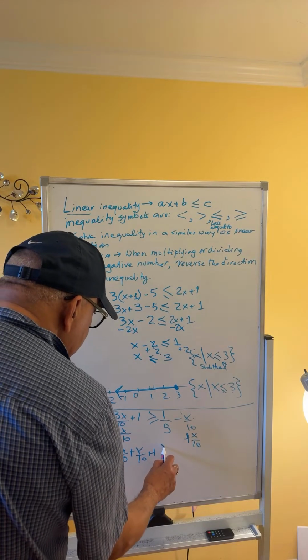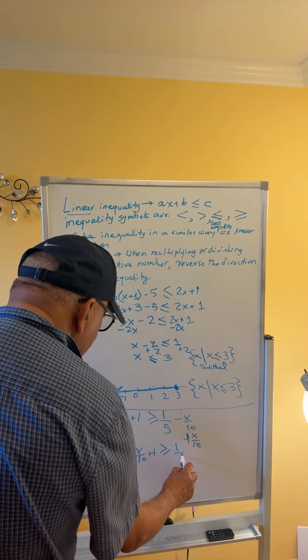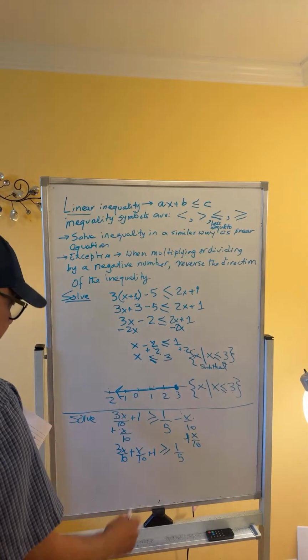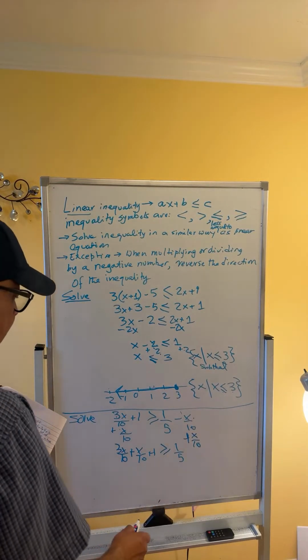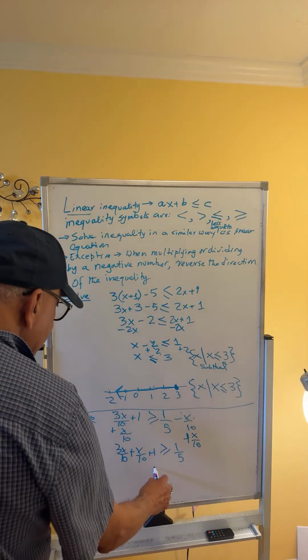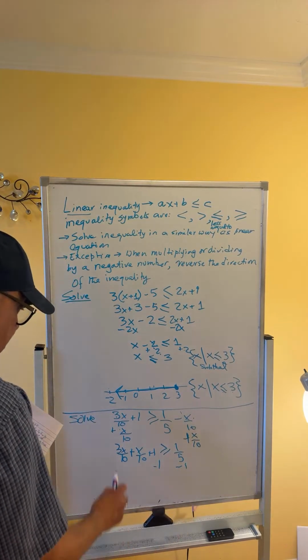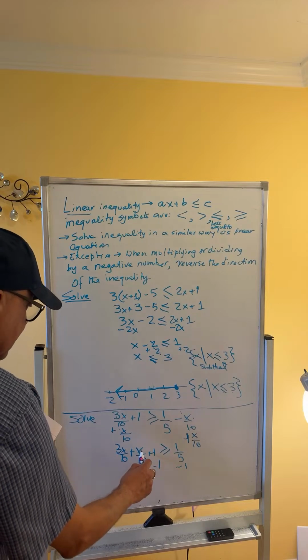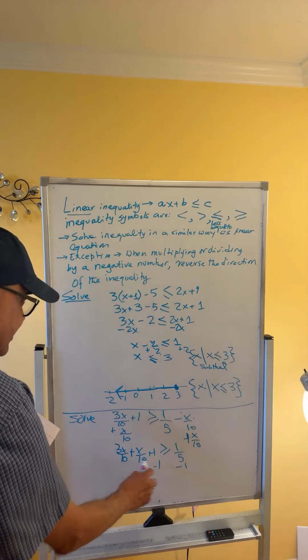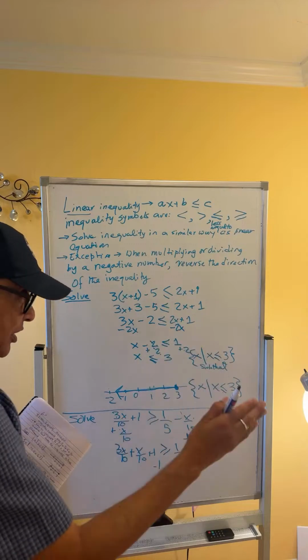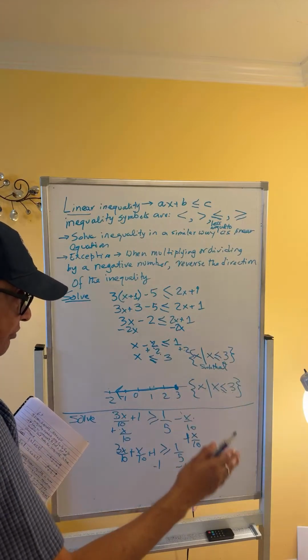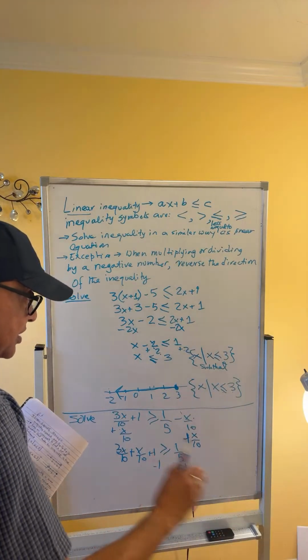greater equal to 1/5. Now following the rule, keep the constants on one side and the variables on the other side. We will subtract 1 on both sides. So this becomes 3x by 10 plus x over 10. Denominator is same. An important thing to remember: when we add fractions, the denominator should be the same number.